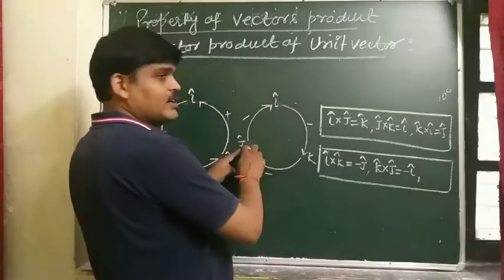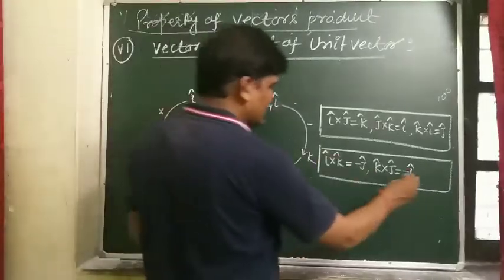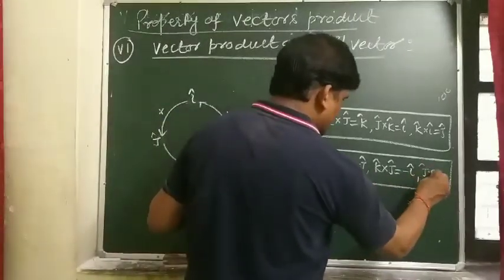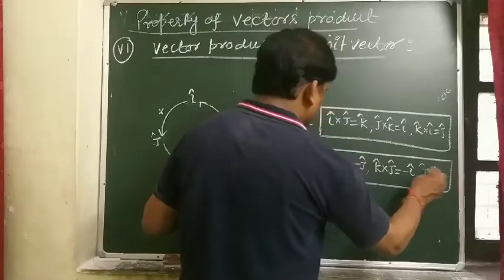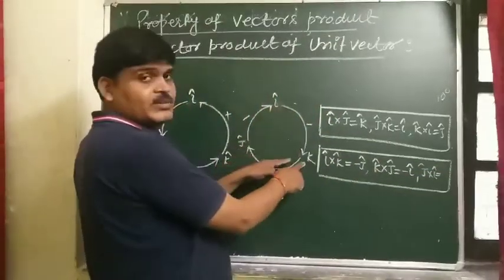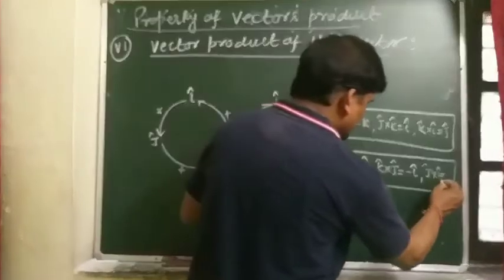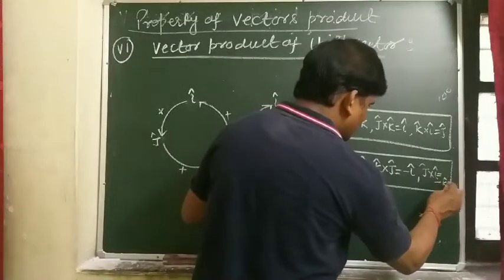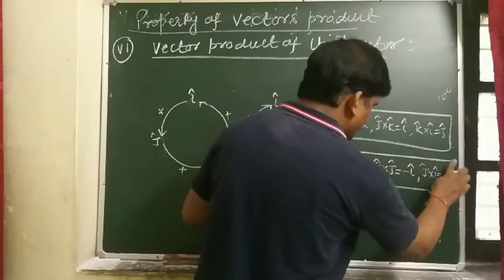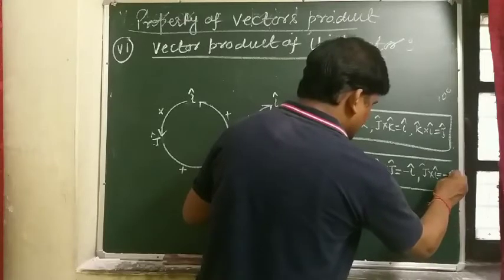And the last one is j cross i. J cross i is in the clockwise direction, so it is negative, minus k.